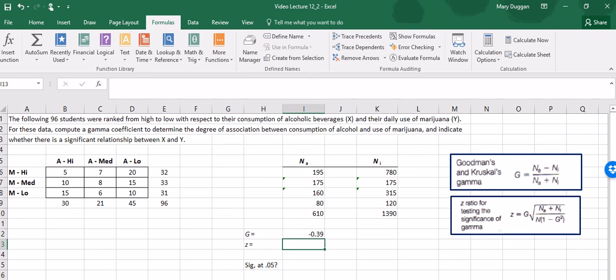We don't know if it's statistically significant or not, but we can test this significance by using a z-statistic, using the formula on the right. So I'm going to break this down into a couple different steps to make it easy. The first thing I'm going to do is add the agreements plus the inversions.